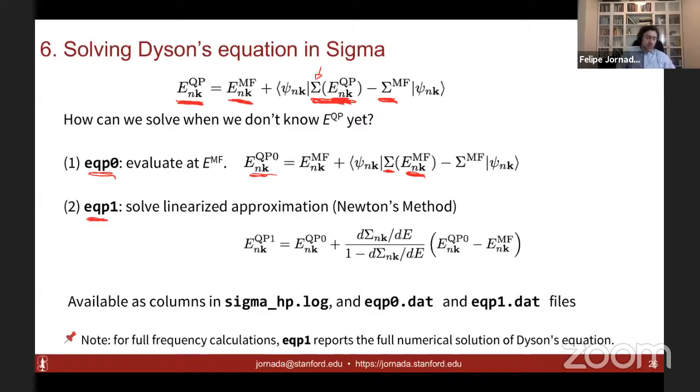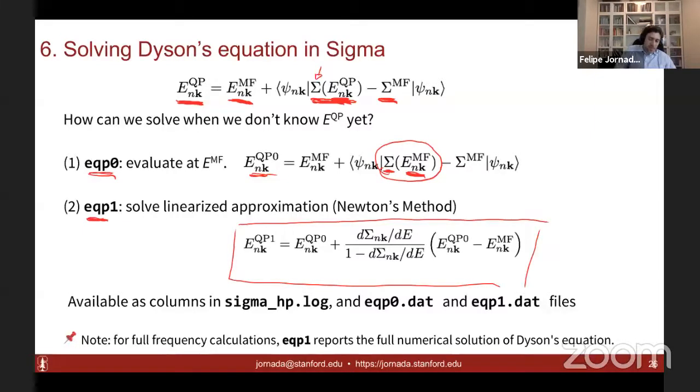EQP1 is another solution which uses a linearized approximation for the self-energy. Basically, it linearizes the self-energy operator and solves for this linearized solution, and the solution for this linearized problem is shown here in this box. Those two solutions are written out for you in sigma_hp.log and also in the files eqp0.dat and eqp1.dat.